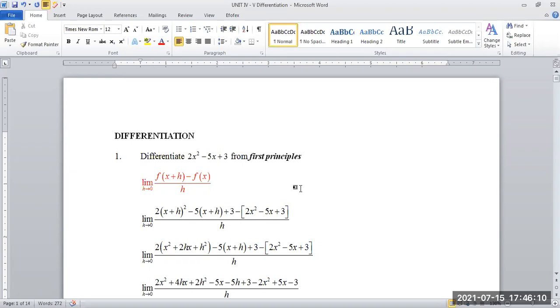So you have to follow the first principles methodology. And the first principles methodology is differentiation using limits. And it really isn't difficult.